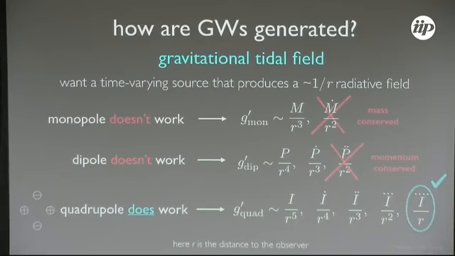In that case, it works, and you have to take several derivatives, but in the end, you get something that is time varying and falls as 1 over r. So this already tells you that gravitational wave generation will depend on the quadrupole moment of the time varying mass distribution. You'll need an accelerated quadrupole moment to get the radiated part of the field.